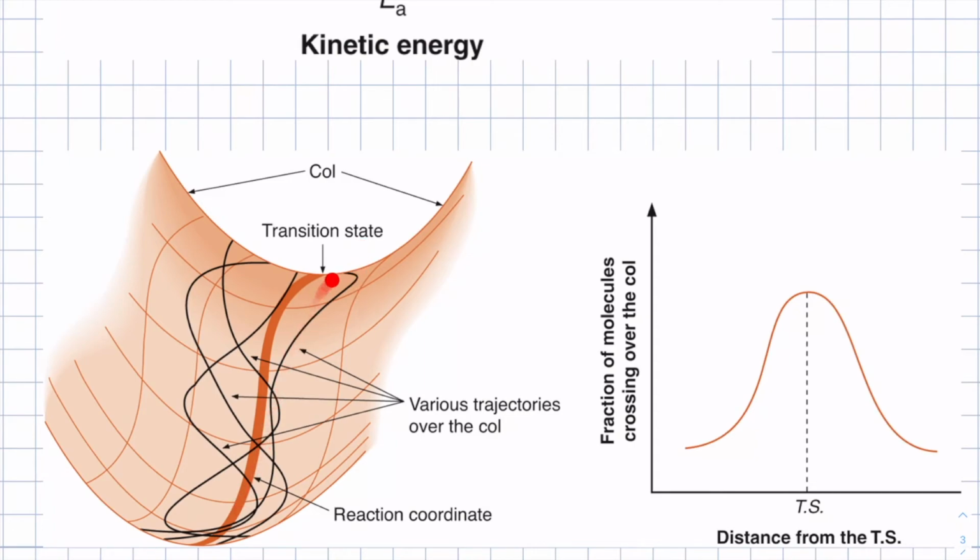So overall, if you were to watch particles go over this transition state, you would get a distribution of trajectories somewhere like this, where most of them pass pretty close here, and then some of them pass here and here. And that idea is the connection between statistical mechanics and that equilibrium constant expression that Eyring used. That's a technical point that I don't really understand myself, so we won't worry about it.